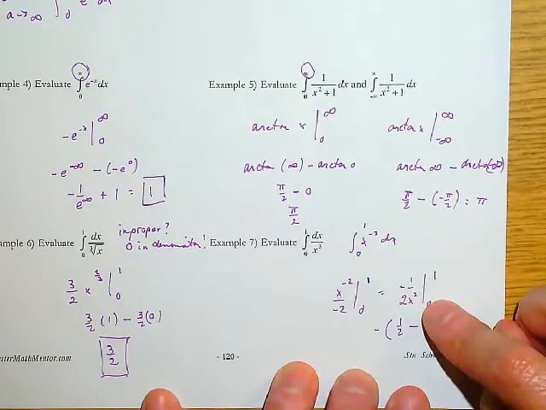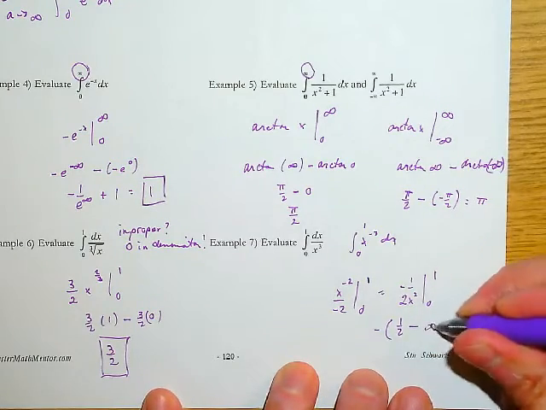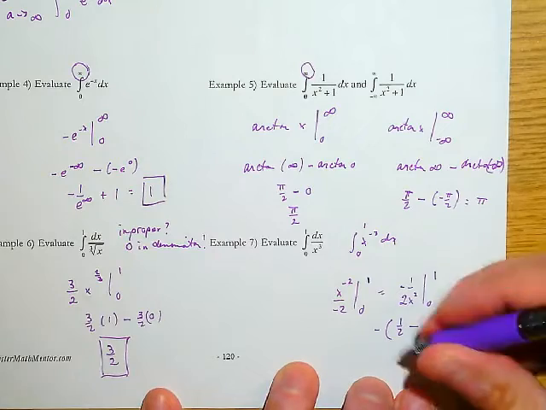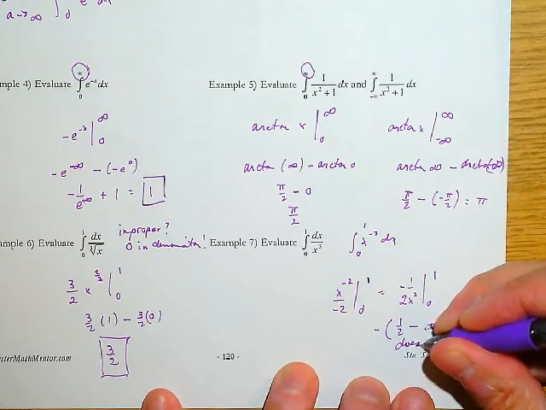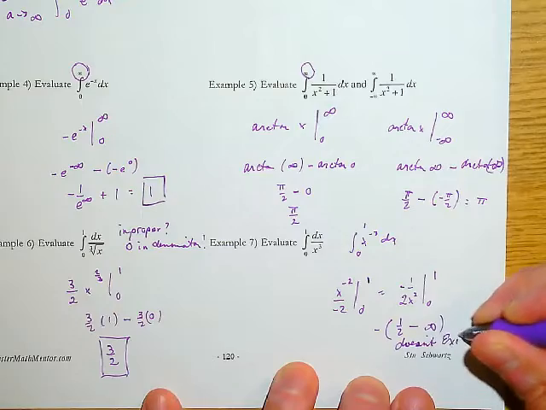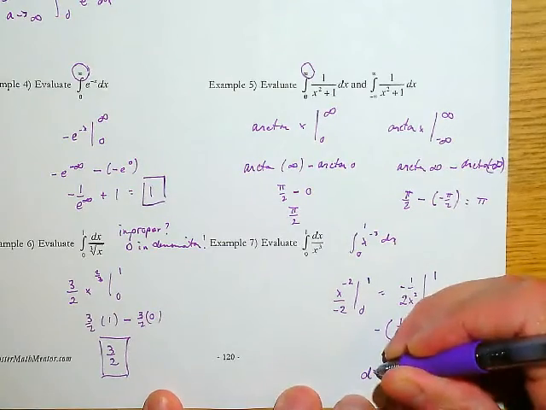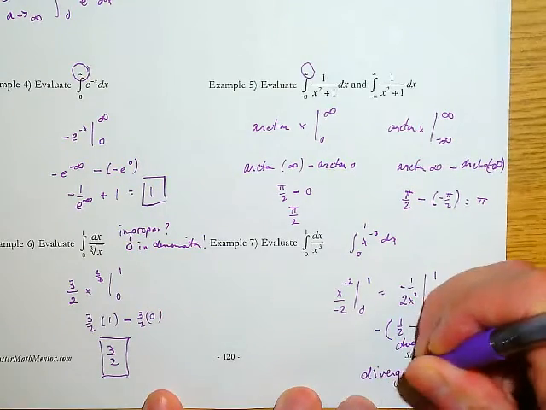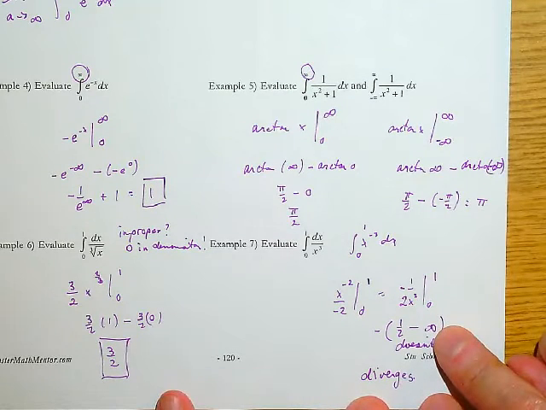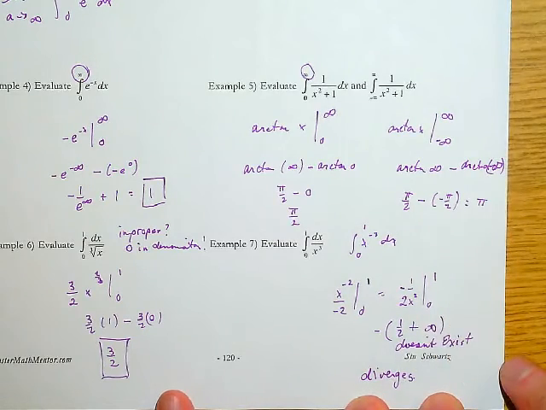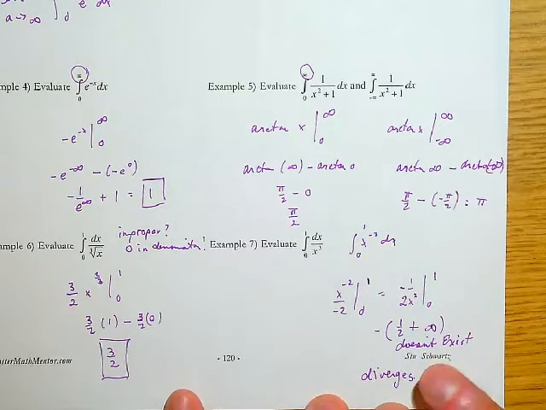Well, 1 over 0 is infinity, right? So it does not exist. You could say that it diverges. Okay? So whenever you've got that infinity there, be careful. Actually, it'd probably be plus, but still, minus the half there, right? So it diverges. Okay? Any questions?